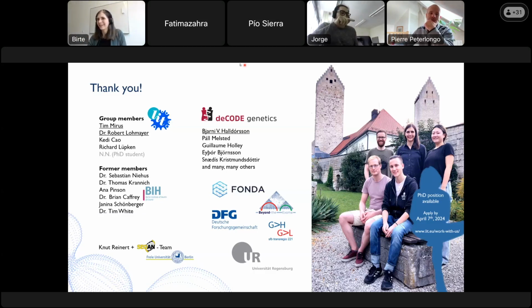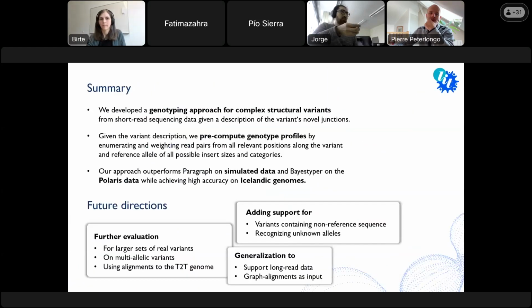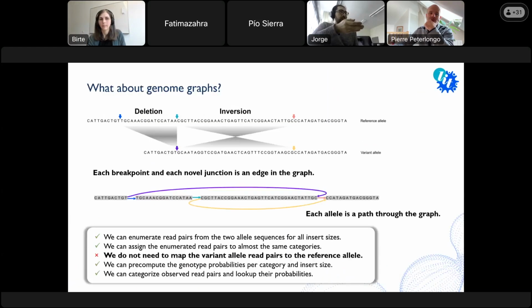And in your slide, you show breakpoints, and each nodal junction is an edge in the graph. You wrote that in the last slide, right? Yes. But I think this is an assumption, or is this something that you want to see in the graph? Because every tool to create a pangenome graph has a heuristic, and I don't think that they model this, but you could add it as a part of the model.